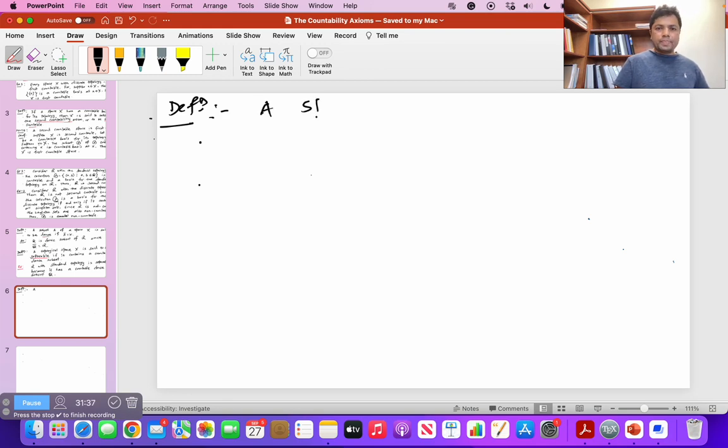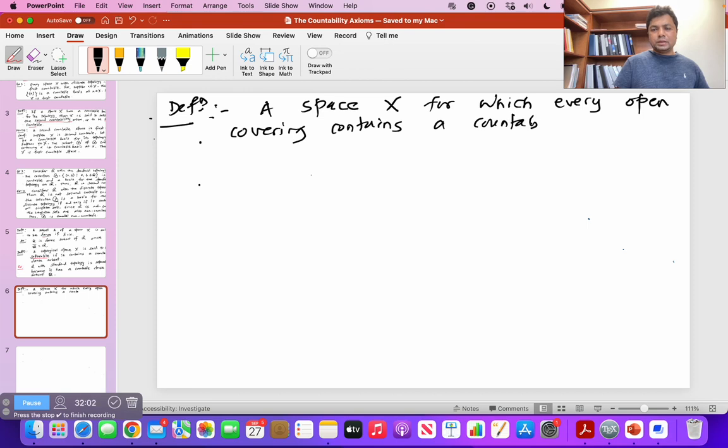A space X for which every open covering contains a countable subcovering is called a Lindelöf space.